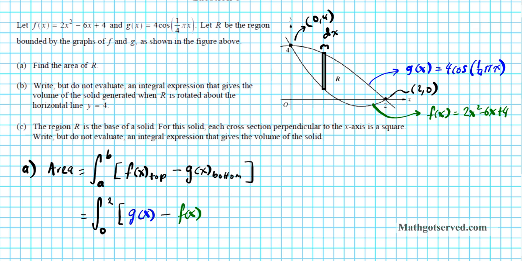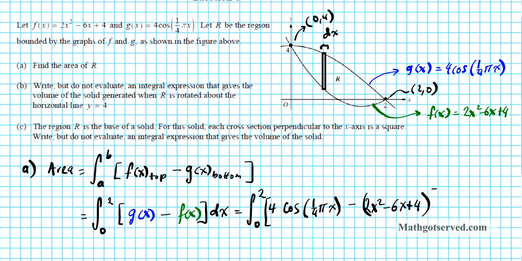And then dx. So let's go ahead and input our functions. We're going to have the integral from 0 to 2 of g of x, which is 4 cosine 1 over 4 pi x, minus f of x, which is 2x squared minus 6x plus 4.